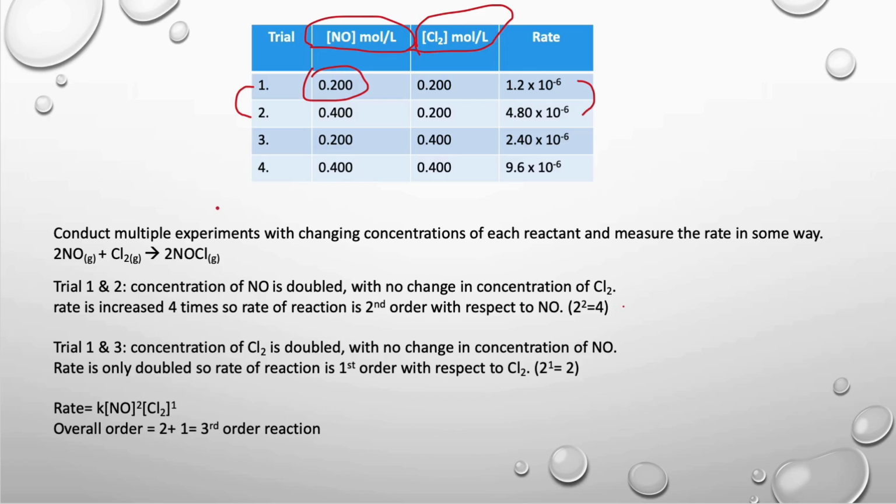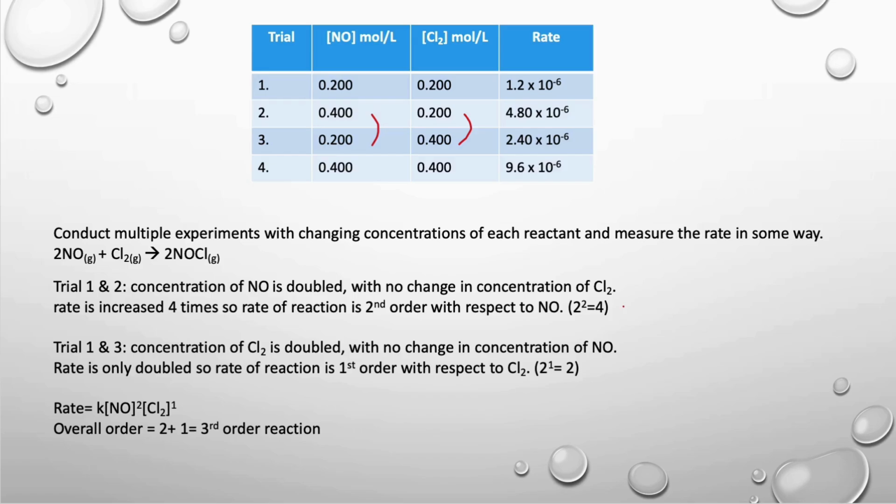Now let's look at the reaction order for chlorine. I want to look at the trials in which my NO is constant, but my chlorine is changing. So I cannot take 2 and 3, because even though the chlorine is doubling, the NO is changing also.